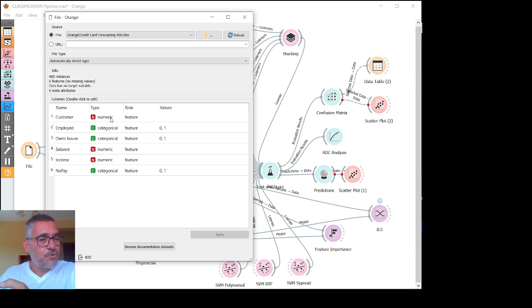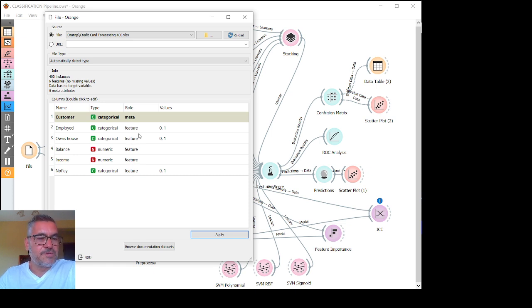But then it also recognizes the customer number as a numerical variable, where we are not going to use this because it is not an actual variable. This is just a code number for each one to differentiate between the customers. This is a meta variable, and we can change it here. As you can see, I'm going to put this as a meta variable.